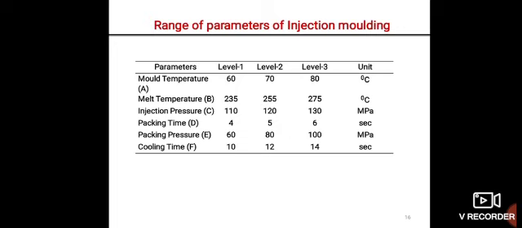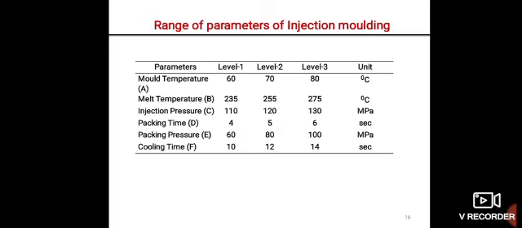Similarly, melt temperature, the range is 235 to 275 in degree centigrade, and injection pressure varies between 110 to 130, unit is megapascal. So each parameter has its own range and units.